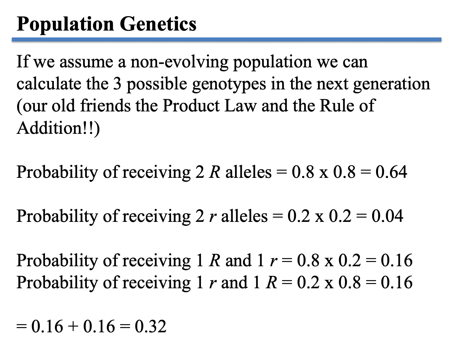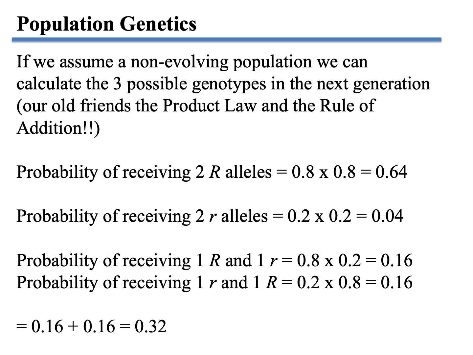So if the individual probability of receiving a dominant allele is 0.8, we multiply that by the probability of receiving another dominant allele, 0.8, which gives us 0.64.